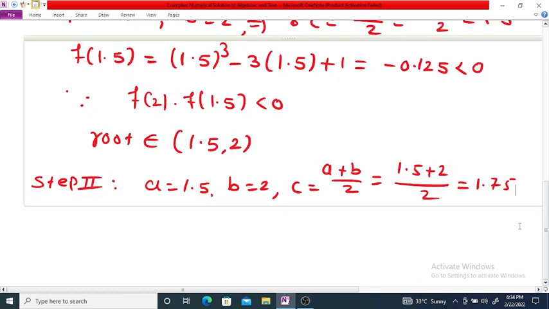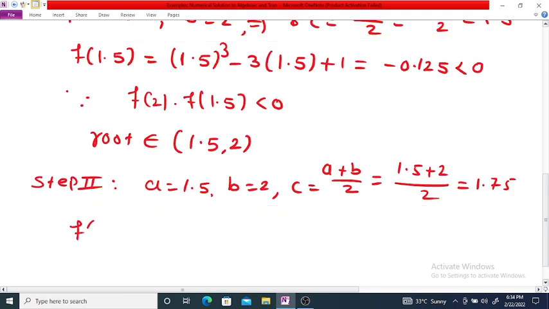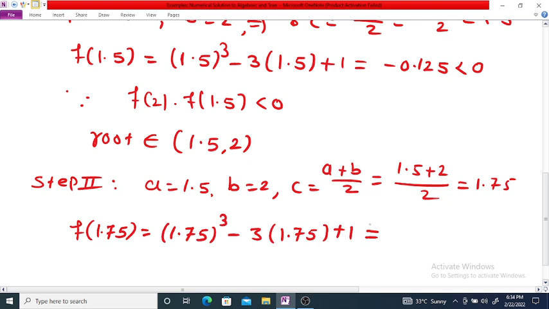If you find the sign of f of 1.75, the function is 1.75 cube minus thrice 1.75 plus 1. If we simplify this, it is equal to 1.1094, which is greater than 0.